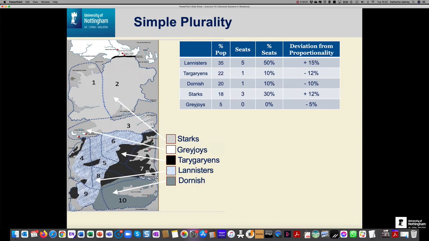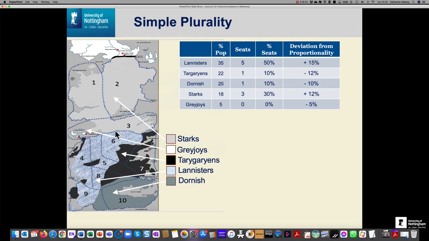Now, why is this the case? We know that in simple plurality electoral systems, you only need a plurality of the vote to be elected. You don't need to have a majority. So you can see here that in constituencies 1 and 2, the Starks, with 100% of the population in those areas, are going to win those seats.